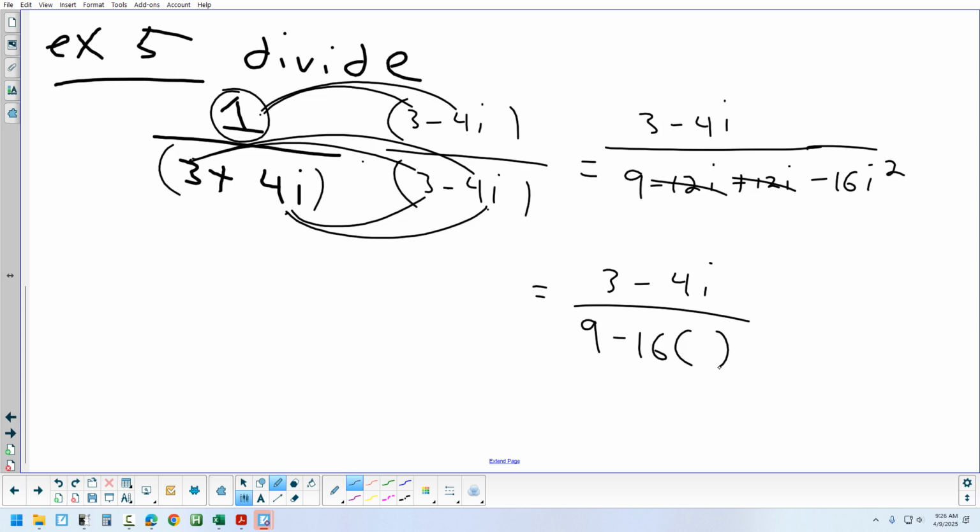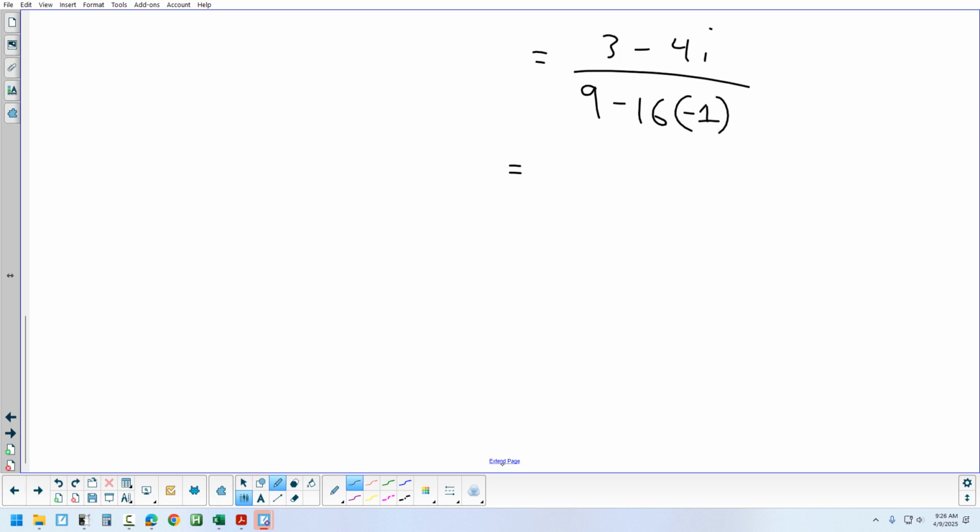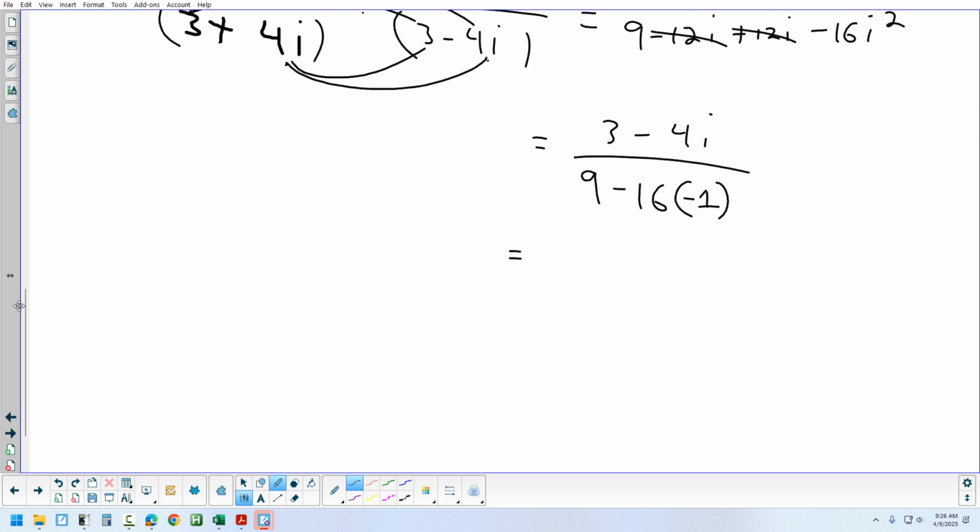What does i squared turn into? Negative 1. So now we've got a negative 16 times a negative 1. That's a positive 16. And we have to combine like terms in the bottom. What's 9 plus 16? 25.